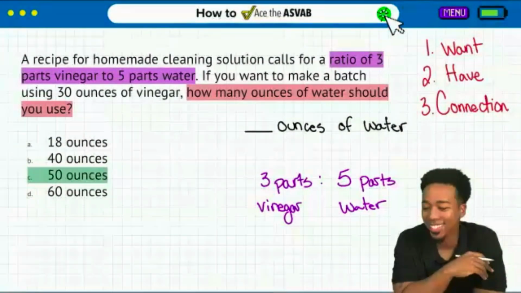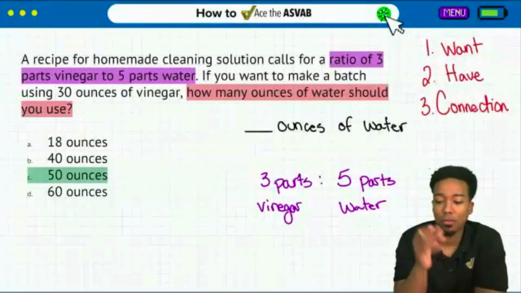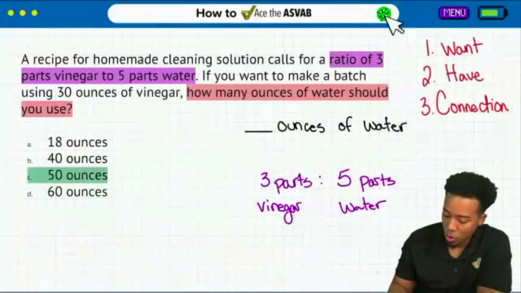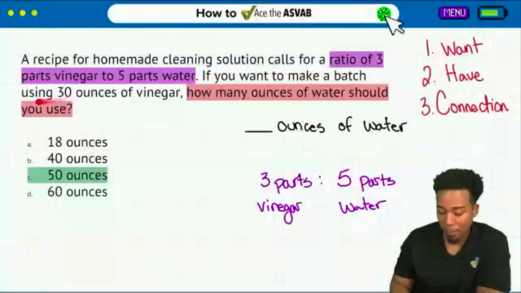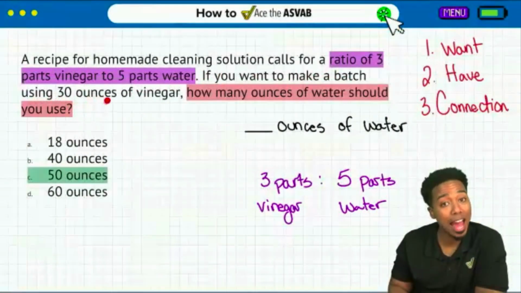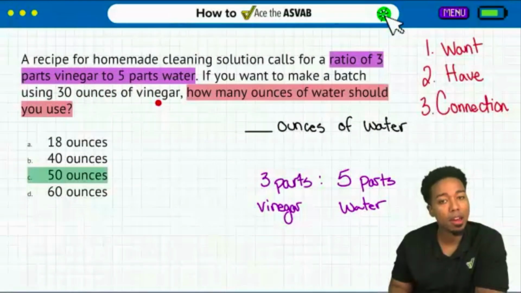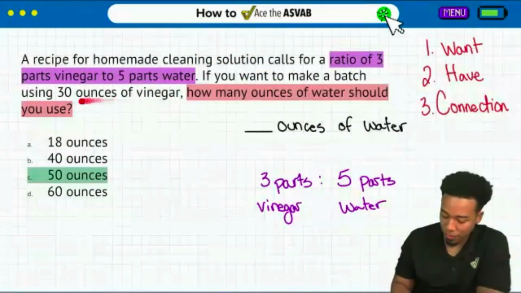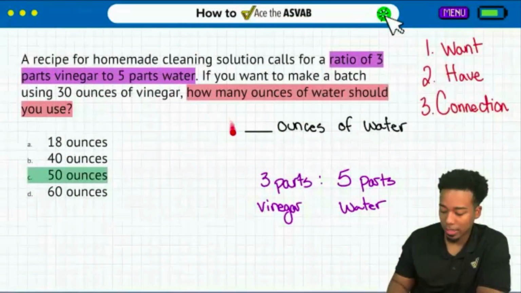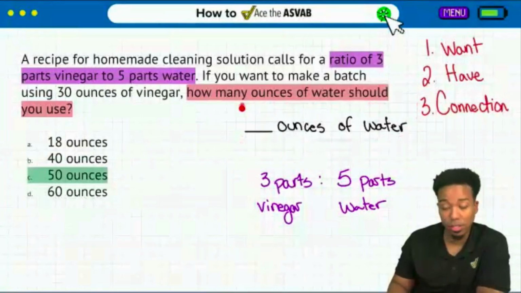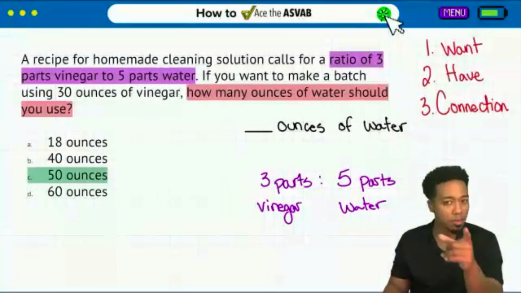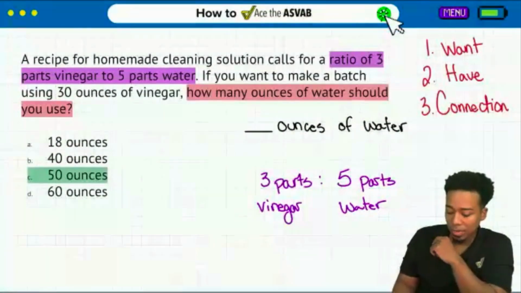Good. And now from here, we have one more piece of information right here where it says, if you want to make a batch using 30 ounces of vinegar. Everybody, the 30 ounces of vinegar, we are connecting that to the blank number of ounces of water. Let me know if you see that. Give me a yes or a no, because it's in the same sentence.